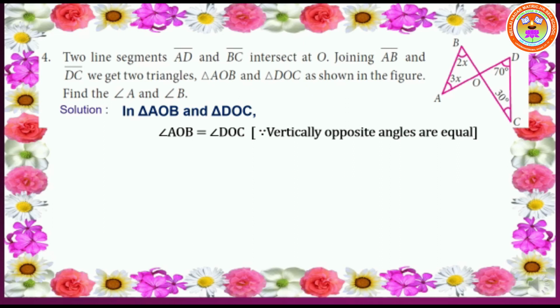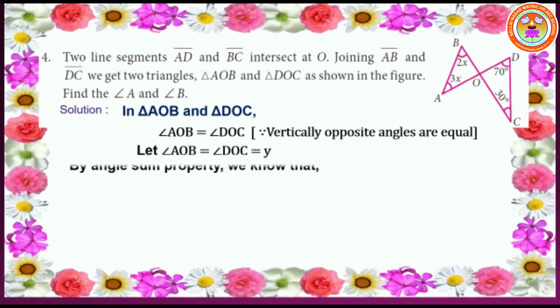Okay, angle AOB will be equal to angle DOC since vertically opposite angles are equal. Yes. Now, let me take that angle as y. That is, angle AOB and angle DOC will be equal, and that will be equal to some value y.